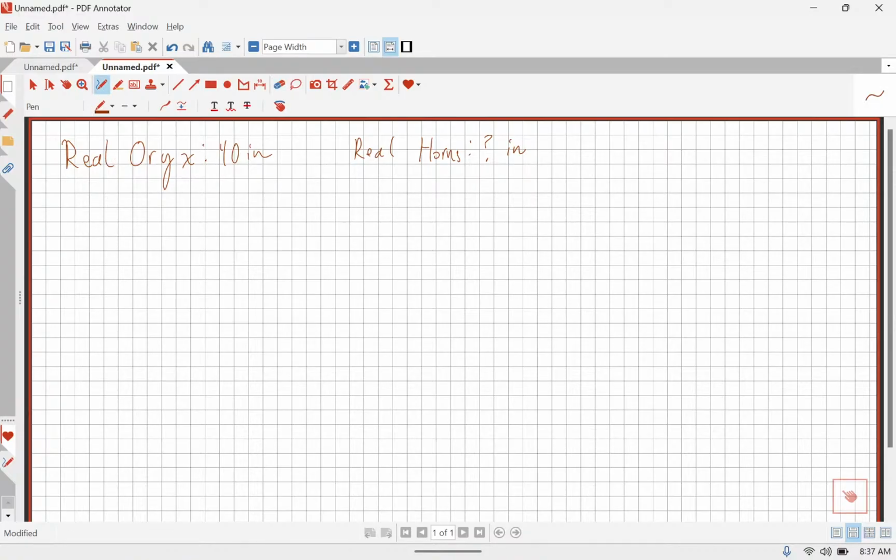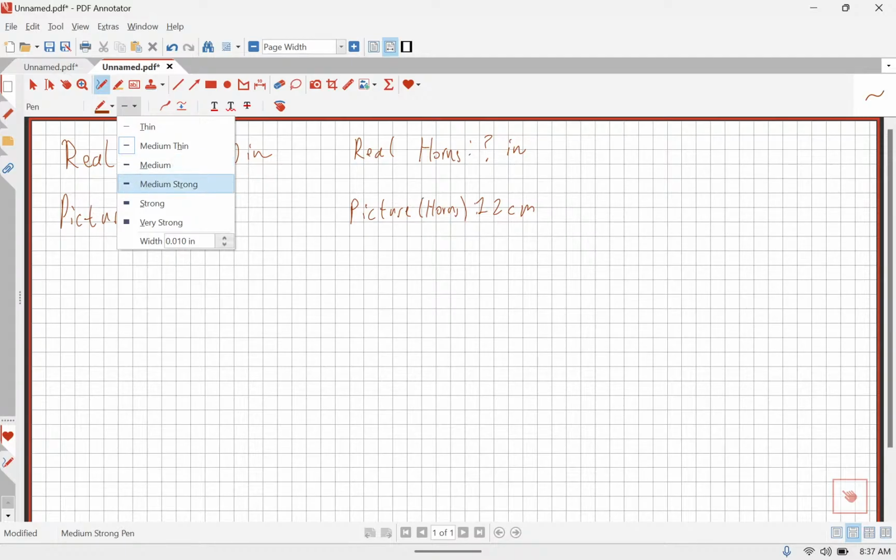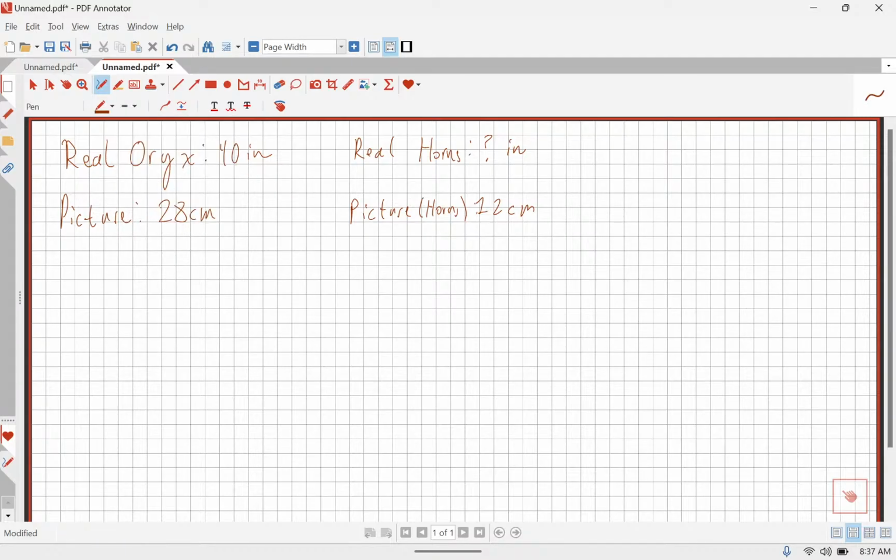And then the picture is 28 centimeters tall. And then the picture of the horns was 12 centimeters.